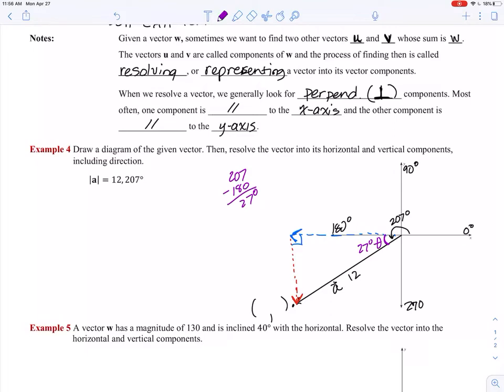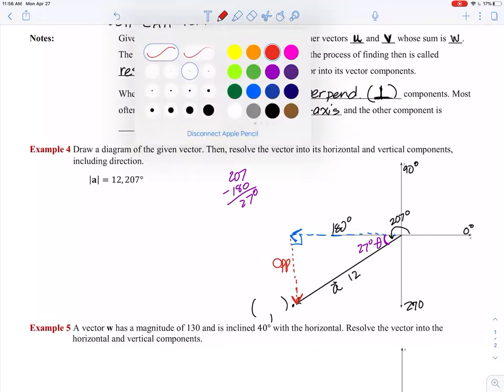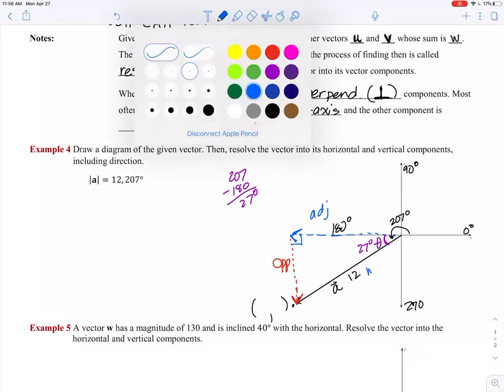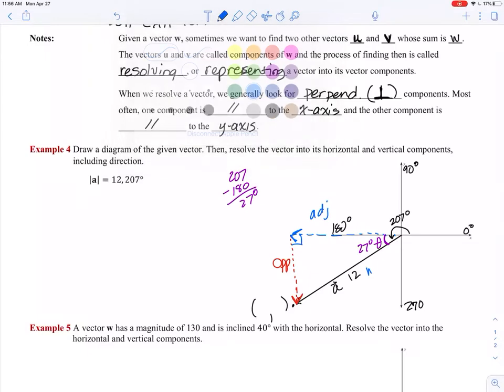All right. So here we have the opposite of 207 degrees, or 27 degrees. And we have the adjacent. Okay. So if we're looking for opposite, then over here we have hypotenuse, right? Okay. So if we're looking for opposite, we're looking for sine.